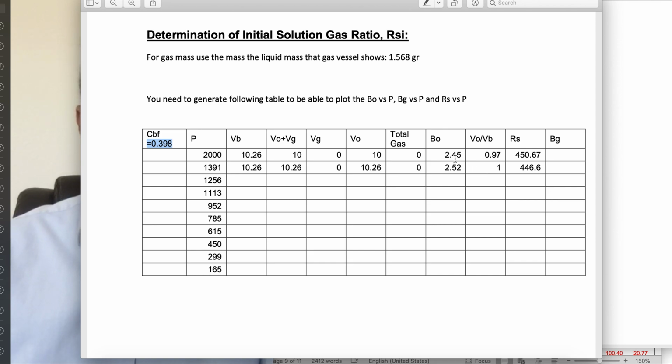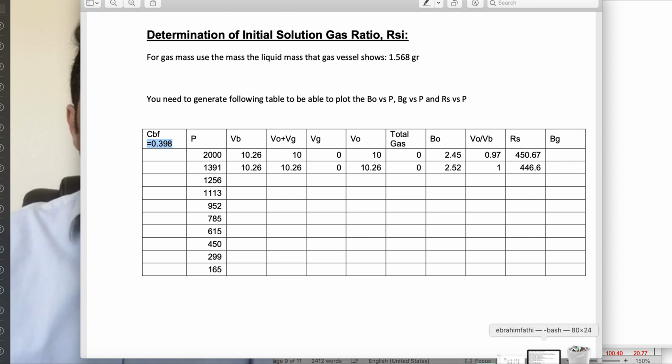So this is 2.4445, depending on how you round this number. So you get the BO. And then for the RS, you have the equation in the slides or in your lab manual, which is based on the RSIF and CBF, and the BG is basically 1 over E, which you have in your slides.